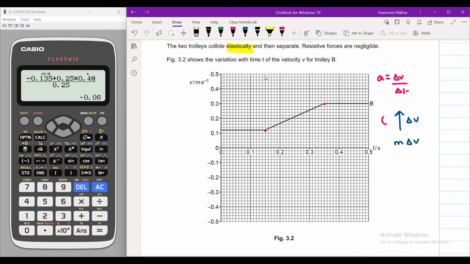So let's draw two lines over here. And right over here, oh sorry, no, let's draw that again.